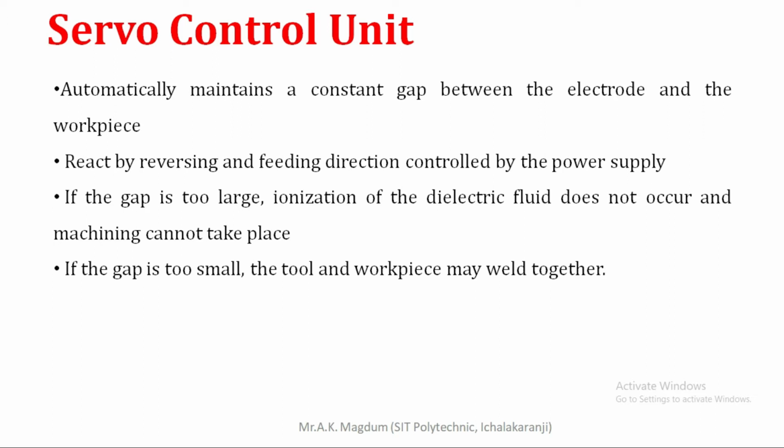Next, react by reversing, and the feeding direction is controlled by the power supply. Means once your operation is completed, your electrode should retract back and the electric supply between the electrode and workpiece should be discontinued, because your operation is over, then you want to stop the machine.